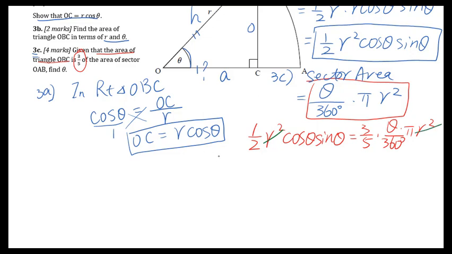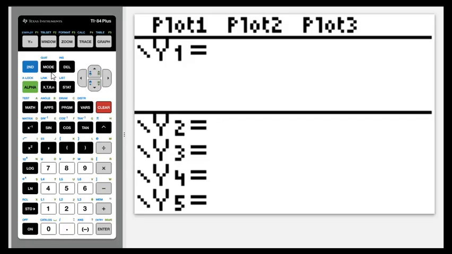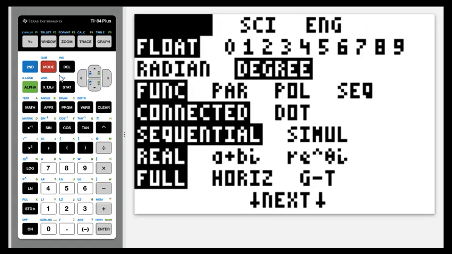Then we will use a math solver to work this out. Move everything to the left side. I have 1/2 cosine theta sine theta minus 3/5 times theta over 360 degrees pi, equal to 0. I will show you how to use the graphing calculator to get this. After you clear the memory, remember the mode is degree.